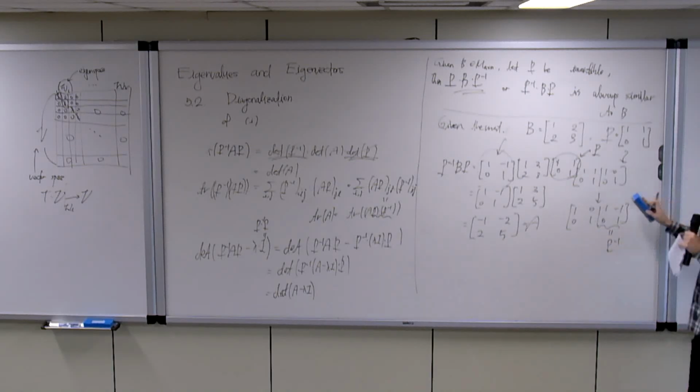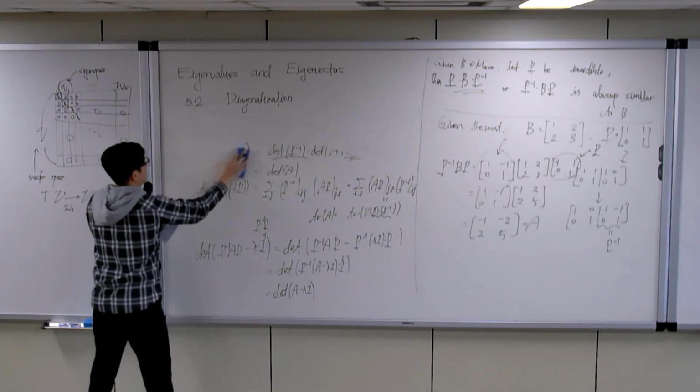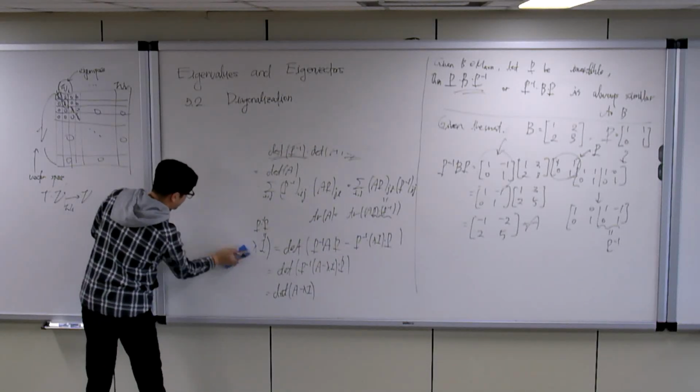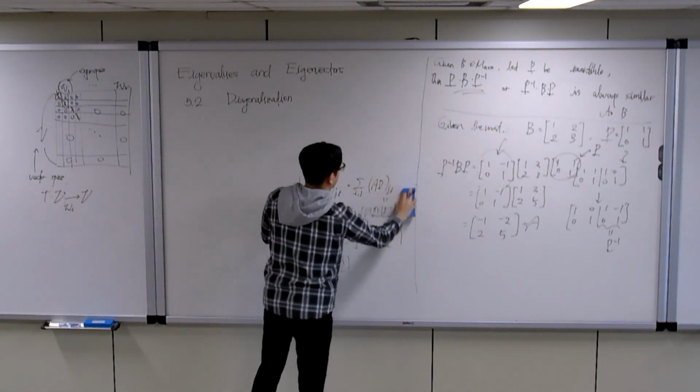So finally, we want to get how we can get the diagonalized matrix here.